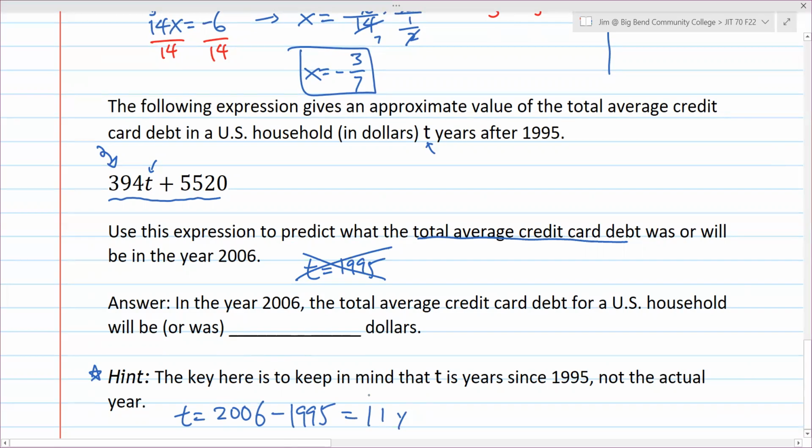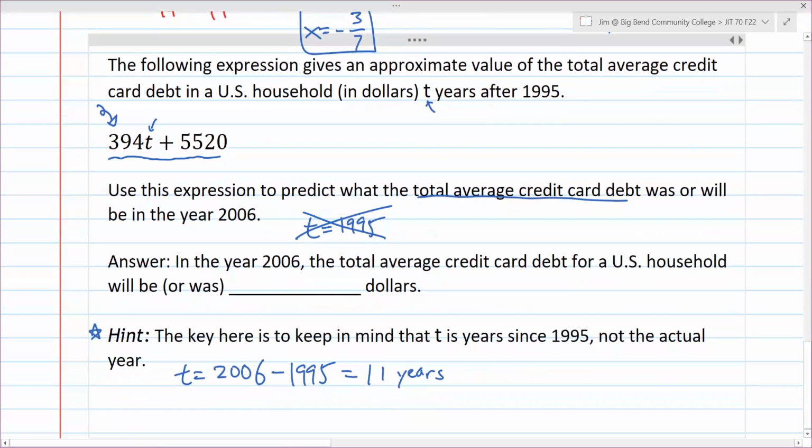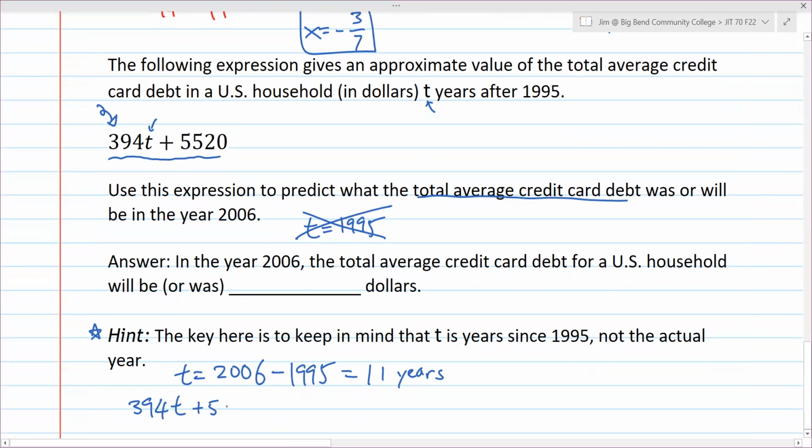We're plugging in 11 years. Let's continue. For T plus 5,520, that function will show you that you're plugging in 11, and then you're using your calculator.